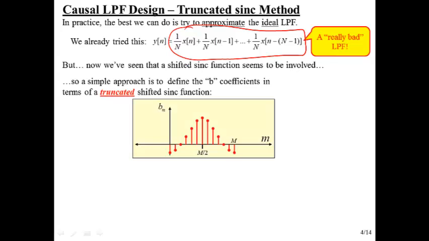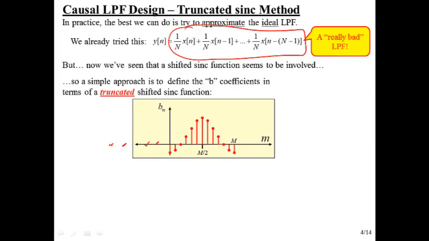Now, we just saw that a shifted sinc function seems to be involved in making the ideal low-pass filter, and the problem was all the stuff down here. So what we could do is just truncate that and throw that all away and say, all right, those are all going to be zeros, and assume that we have zeros up here, and think about an impulse response like that.